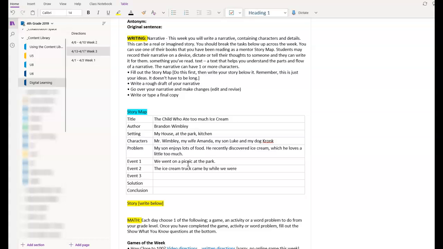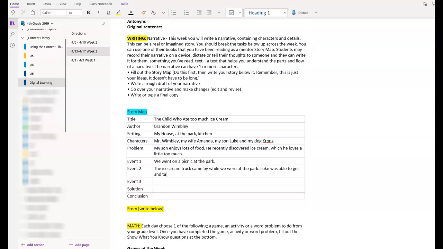So this is the second thing that happens in the story. And then what happened while the ice cream truck was passing by? Luke was able to get and taste his very first ice cream cone.